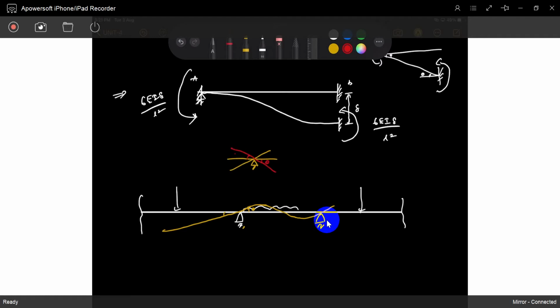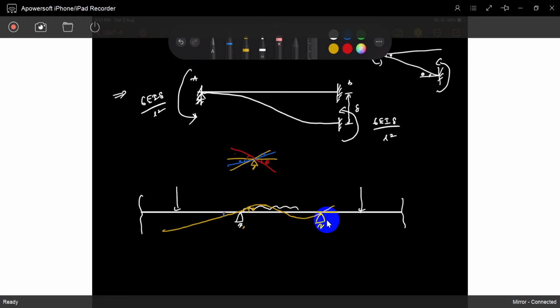It's an intermediate joint. Intermediate joint means the slope between the AB and BC spans should be maintained. It's a joint, so it should be maintained. This theta should be maintained.